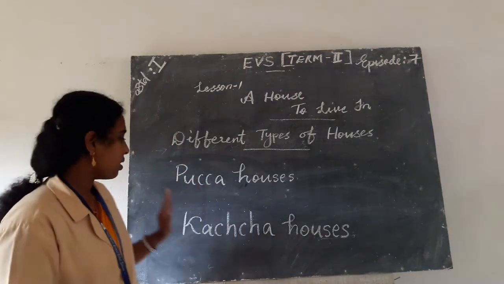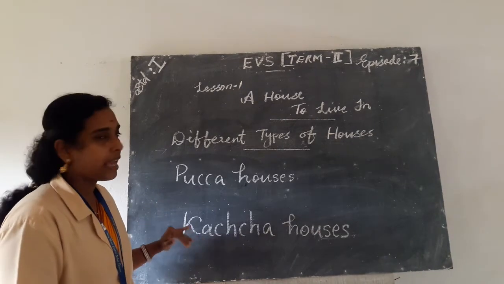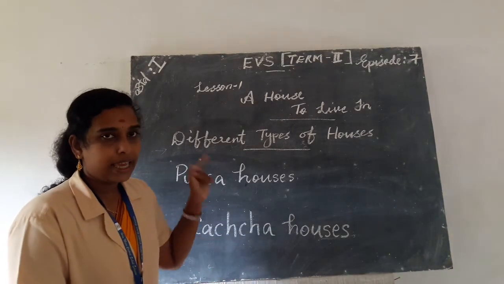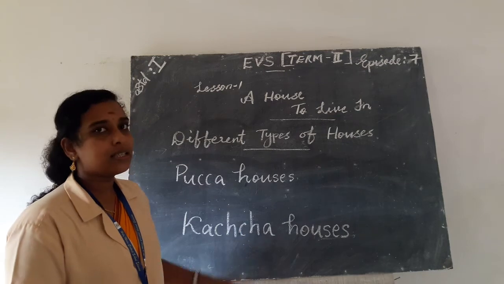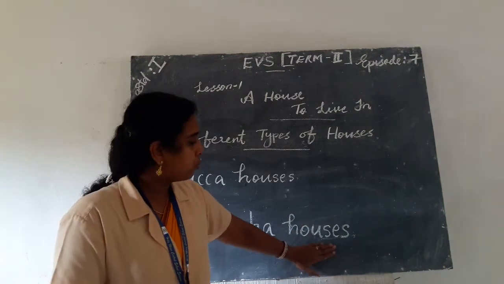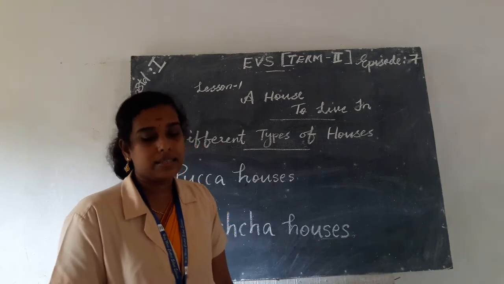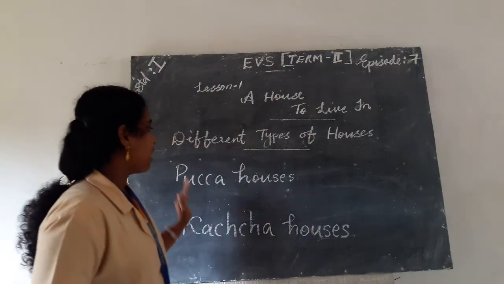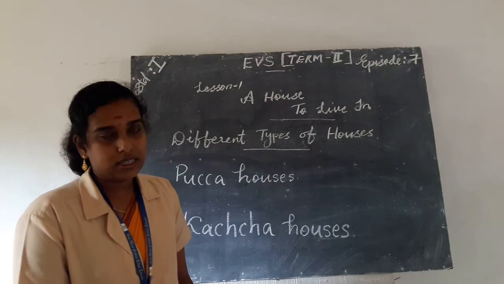Kacha houses. H-O-U-S-E-S. Kacha houses. So these are the two types of houses.